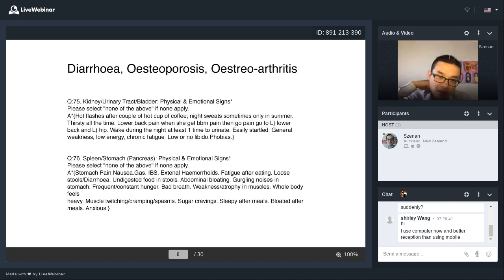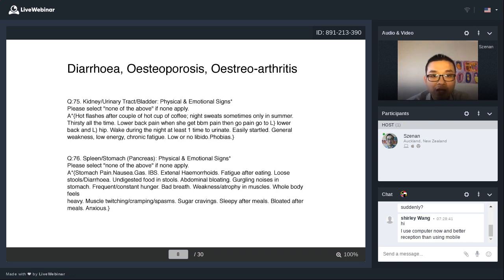If I type BBM on my computer, because I have a shortcut, BBM will come up with herbs. So I put BM as bowel motion for my own reference. Pain goes to the left lower back and left hip when she goes for a bowel motion. That's how she experiences it every time.